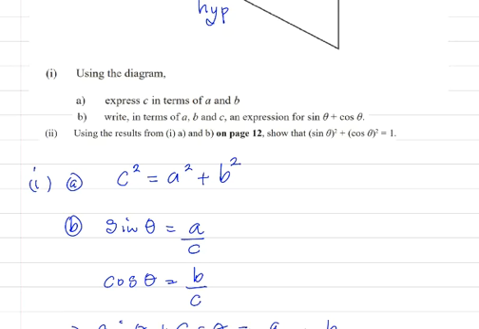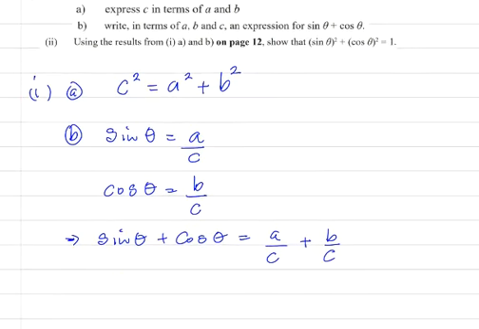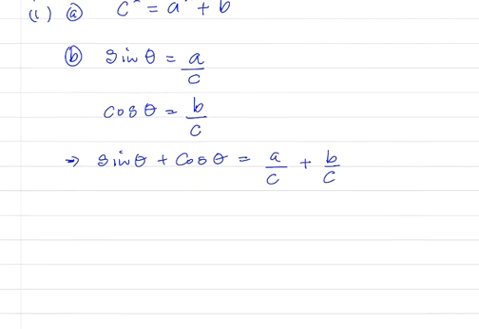(ii) says, using the results from (i)A and B, show that sine theta square plus cos theta square is equal to 1. All right, so we're to show that sine theta square plus cos theta square is equal to 1.